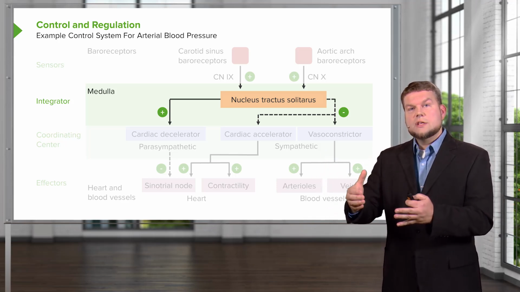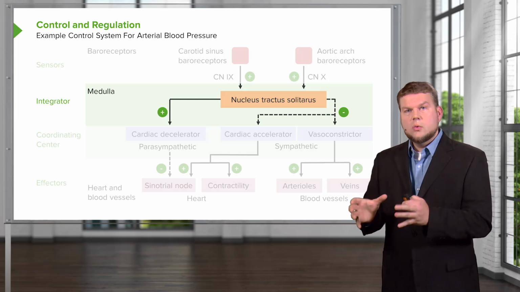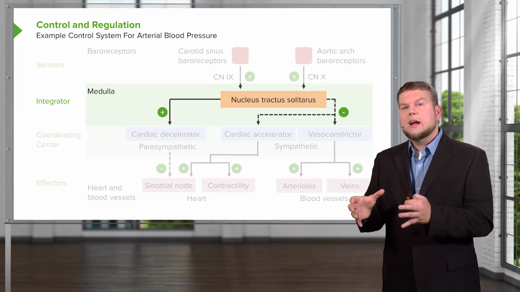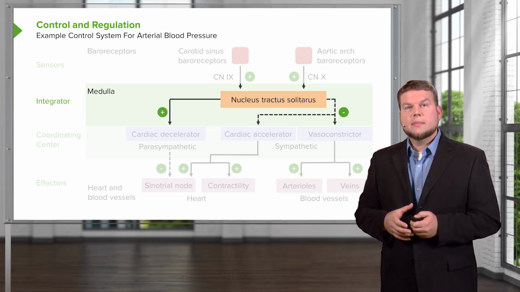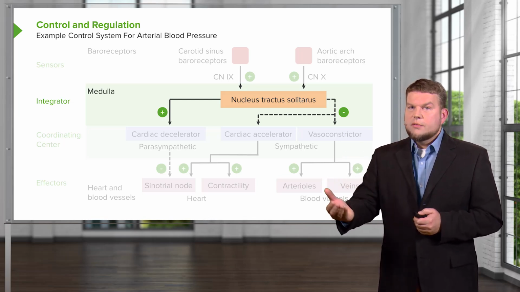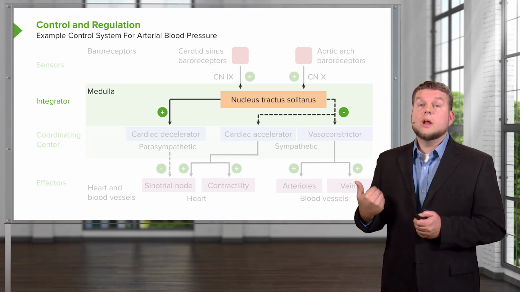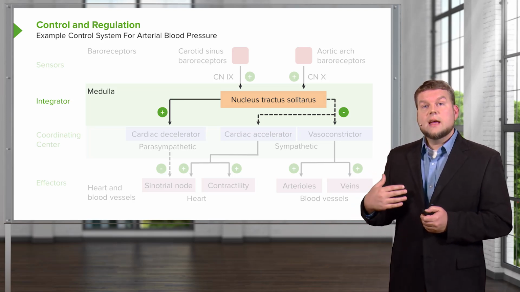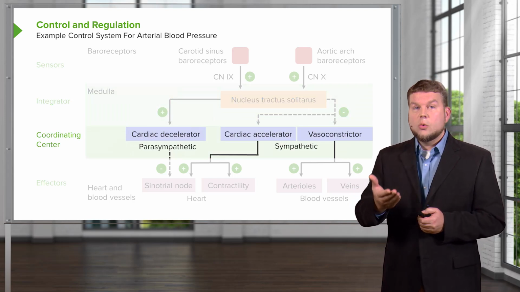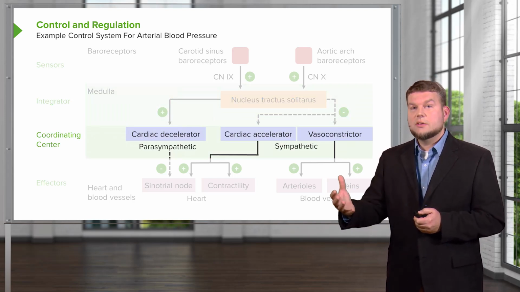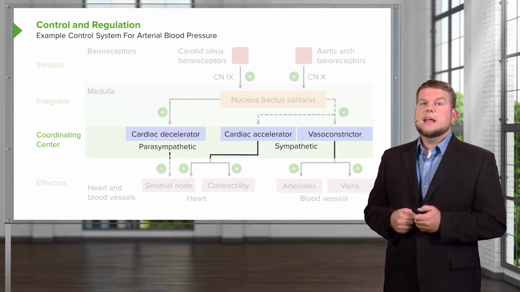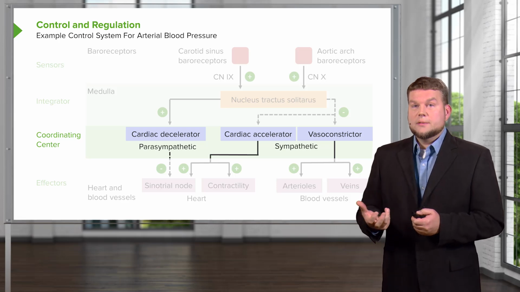All the information is coming back to a central location so that we know where the information is coming from. But just because the information is coming back doesn't necessarily mean that we know what to do with it. So we need to have some place, a coordinating center, that is going to be able to take all this information and let us decide what to do with it.